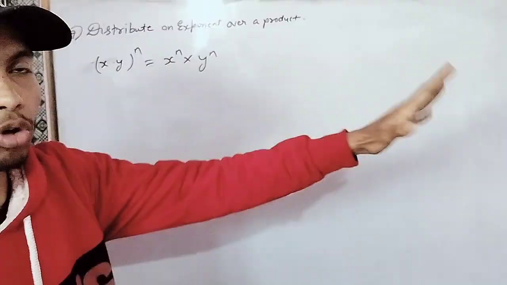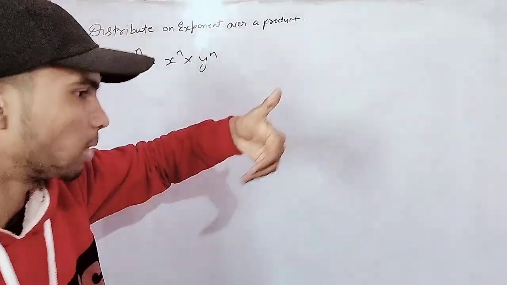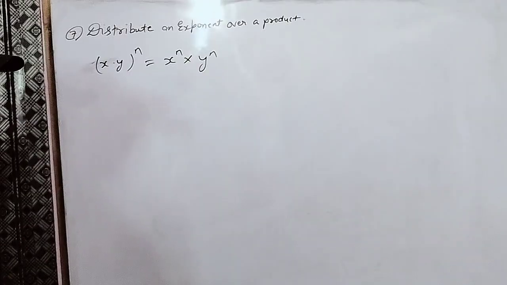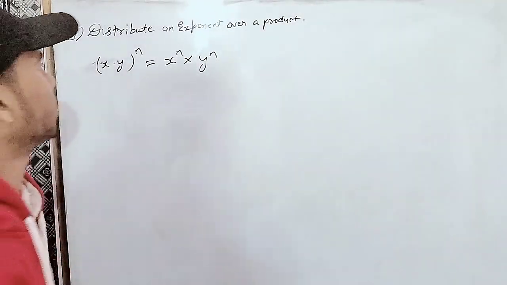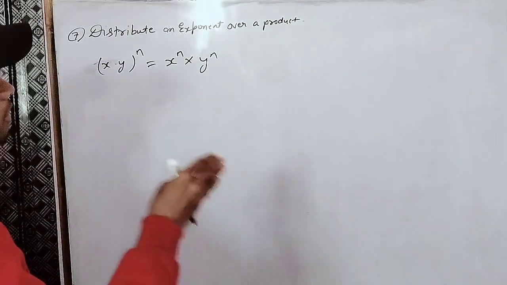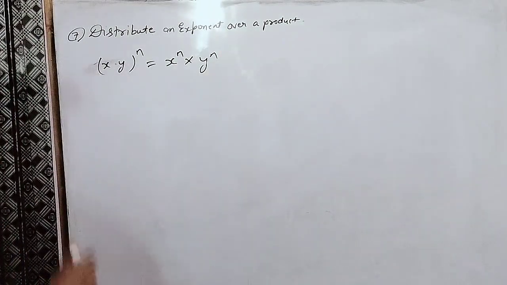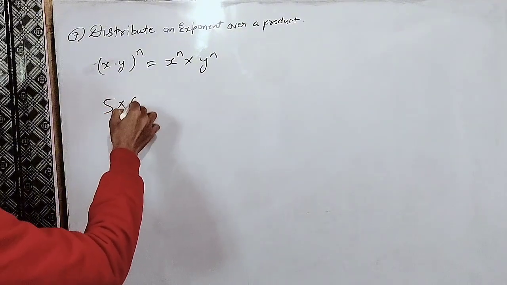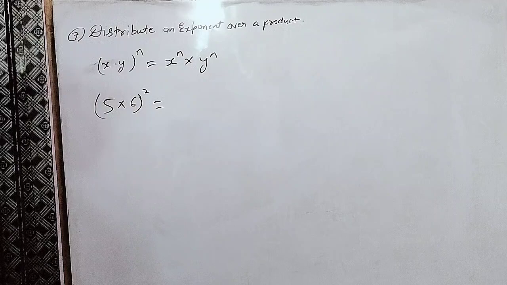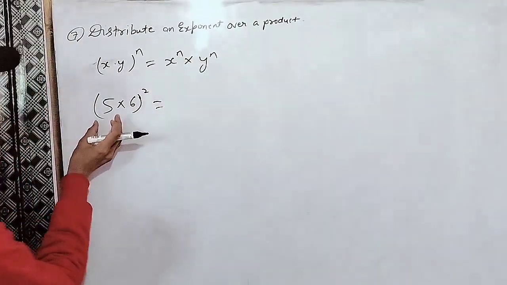Now we have the exponent as common, but the base is different. So the exponent will be common, and we will distribute our base. That's it. Let's just say we have it like that. Okay, so it is the same.